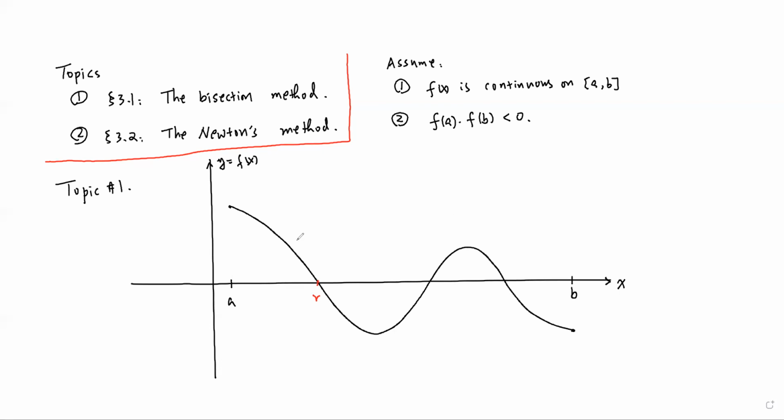Okay, now the bisection method. First step, take the midpoint of the interval AB. Say the midpoint is about here, midpoint C. Then compute the function value at the midpoint and compare the sign of the function value at the midpoint with the two endpoints.